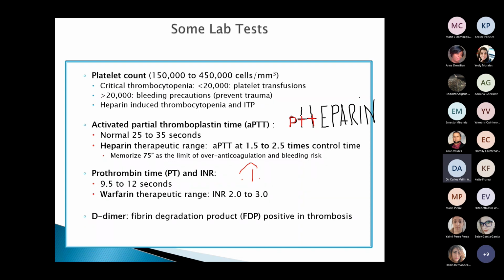But if the person starts taking warfarin, this INR must be prolonged to between 2 and 3. Can be 2.5, 2.4, 2.9, 3. No lower than 2, no higher than 3. If it is lower than 2, the dose of warfarin needs to be increased. If it is more than 3, the dose of warfarin should be reduced.